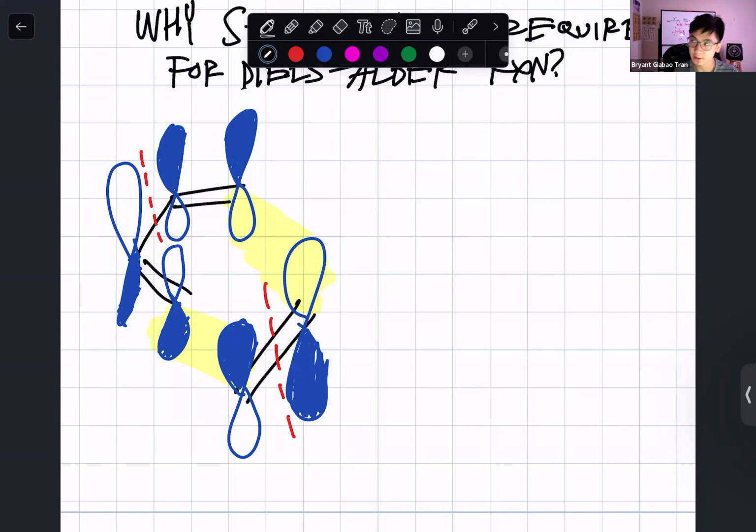I think Diels-Alder is like some pericyclic reaction. Let's see, Diels-Alder reaction. Let's see what it specifically is. I think it's like from 6 numbered rings.